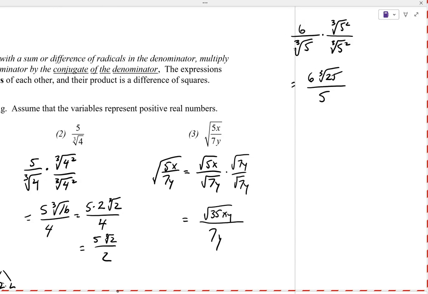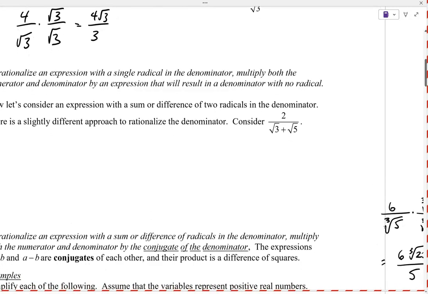All right. So when you have a single radical on the bottom, this is how you're going to rationalize. Okay. Now the trick comes up when we have a sum of radicals that I skipped over, right? So let's talk about how we do the sum of radicals. So notice this one's asking us to do something like 2 over square root of 3 plus square root of 5.